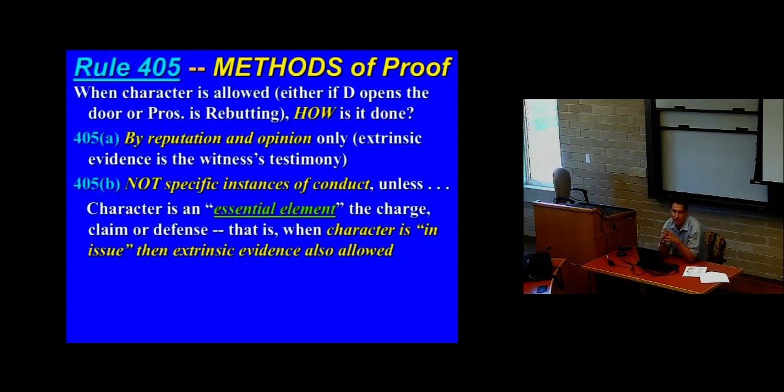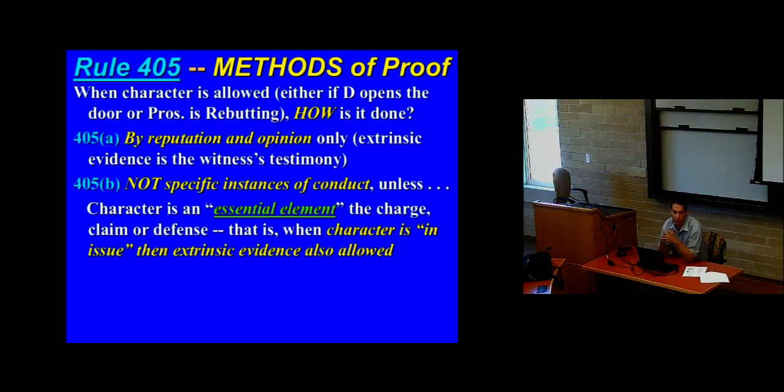For instance, if it's a negligent entrustment or a negligent hiring kind of case, you have to be able to show that the person that they hired or that they entrusted to had a bad reputation. And therefore, it becomes an essential element of the claim, charge, or defense, and you have to be able to use that. Another example is parental fitness in a child custody case.